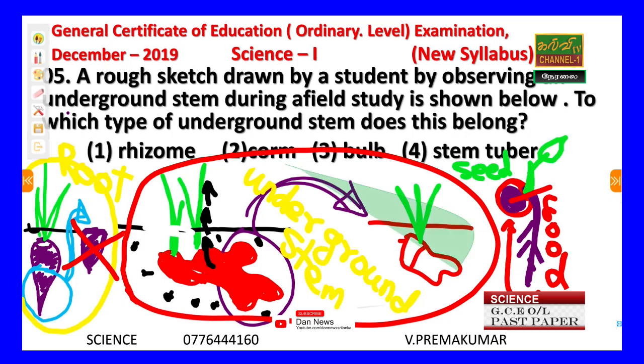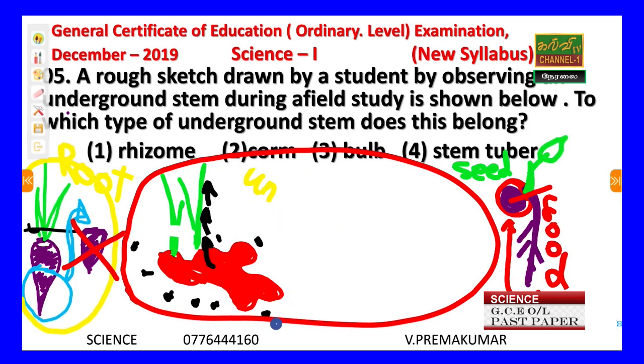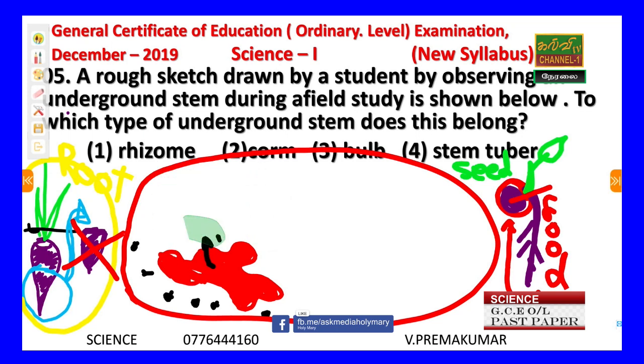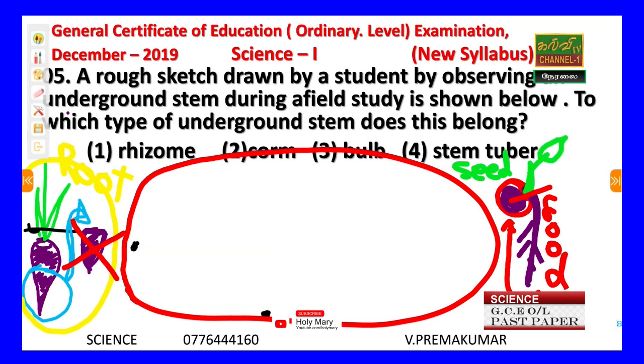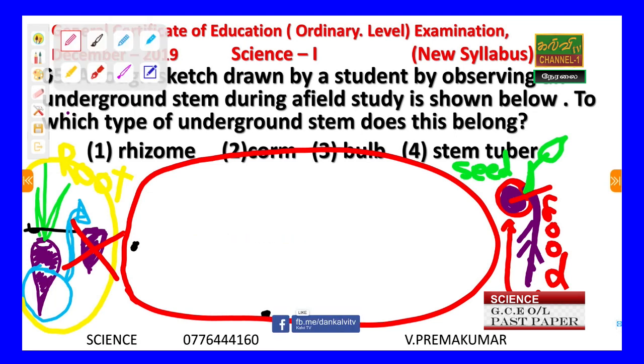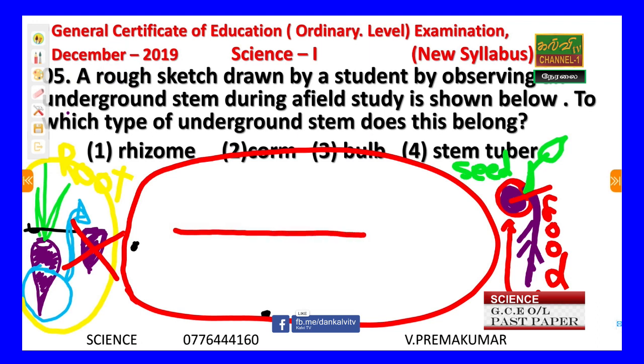For example, in a very drought season, a very dry season, we can find the ginger here.